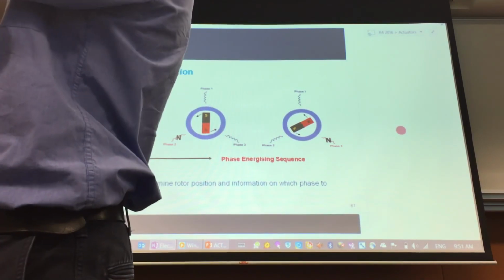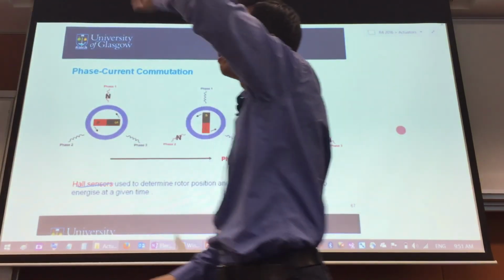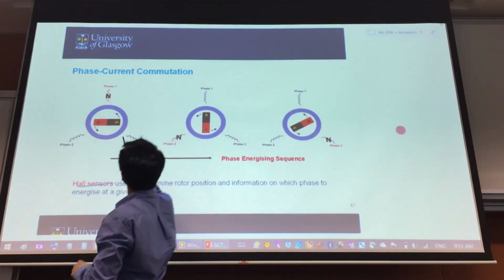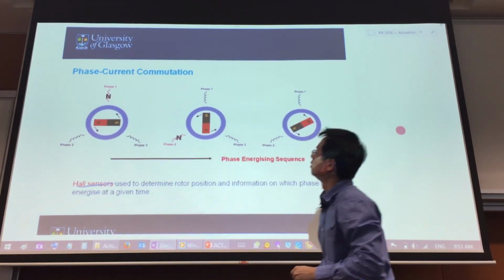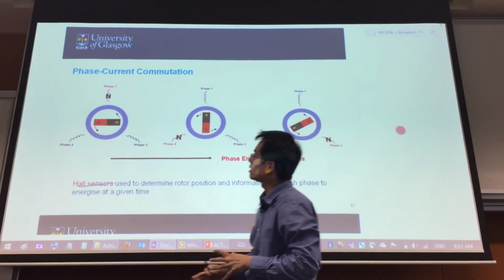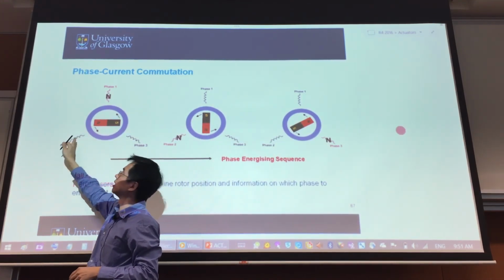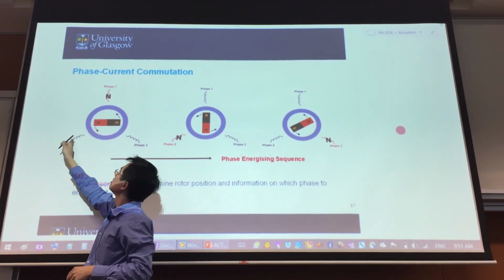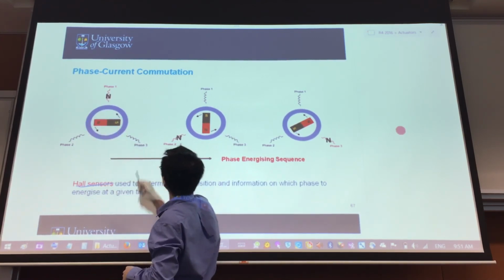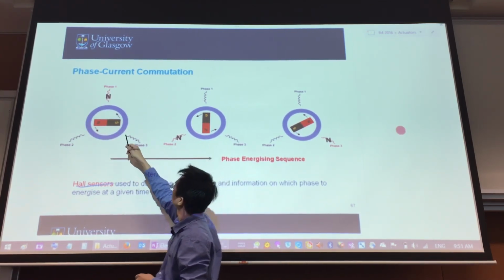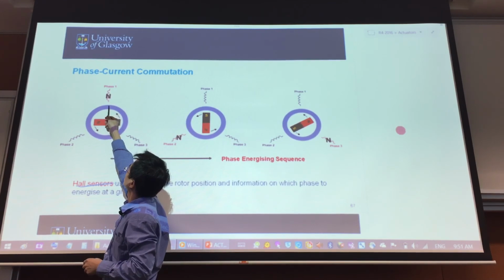So this is a minimum scale of things. I have 3 coils, one over here, the other one over here, the other one over here. What I'm going to do is energize them. Energize means making it magnetic, so energizing sequentially. Sequentially means I have this one energized first.